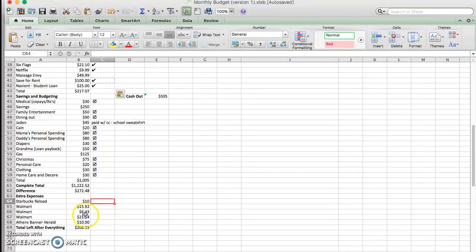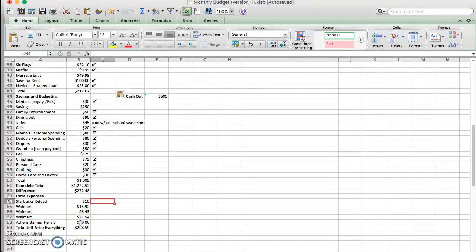And then there's a couple things at Walmart that we had to get that were unplanned, and we didn't really have an envelope for cash that would have paid for anything. These things weren't in a particular category. So we have talked about possibly making a miscellaneous category to cover things like this, but right now we just use our checking account debit card.